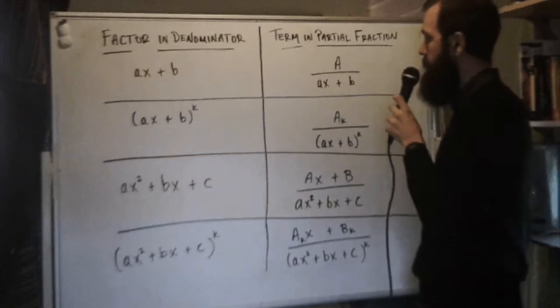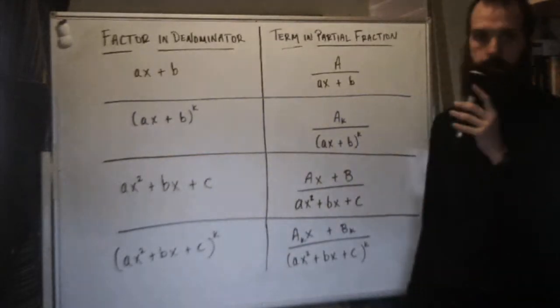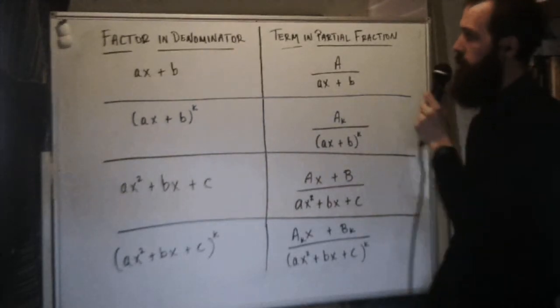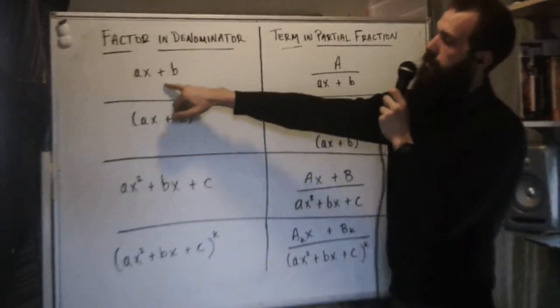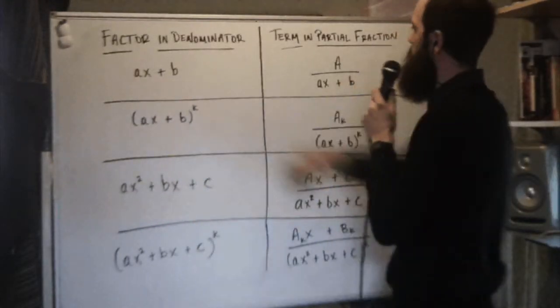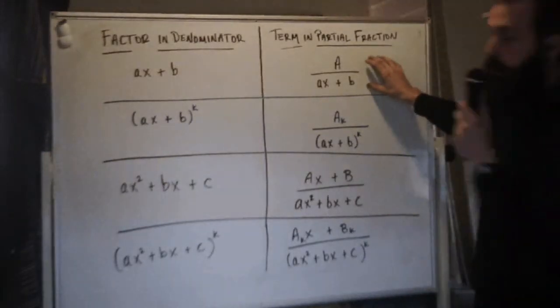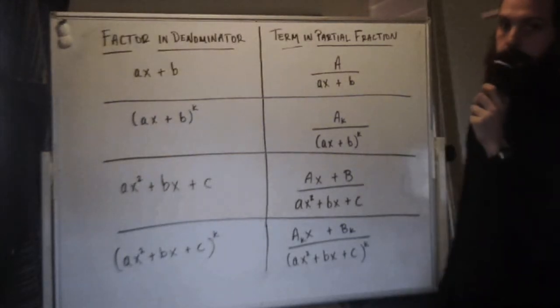Now, I would just like to leave you with a summary of the processes we've learned, a more general form of partial fraction decomposition. If we have distinct linear factors in our denominator, here's the general form of our partial fraction: just a constant over each distinct linear factor.